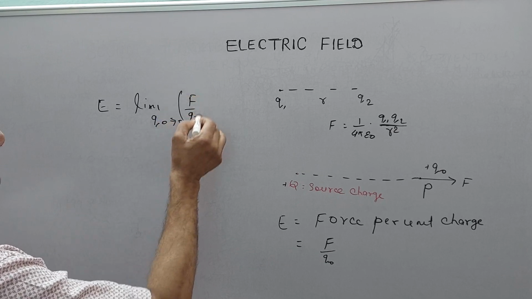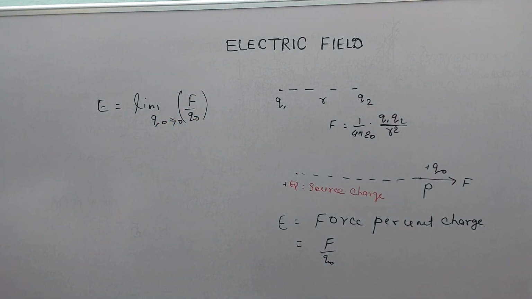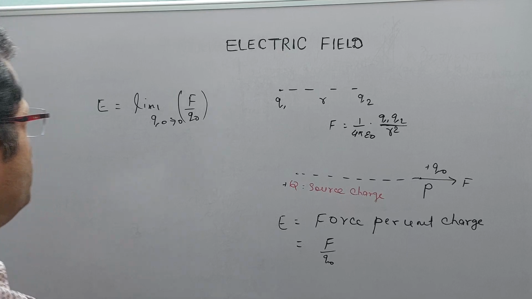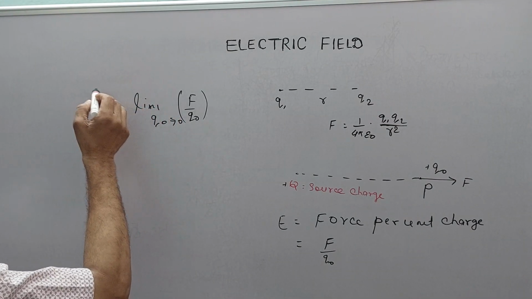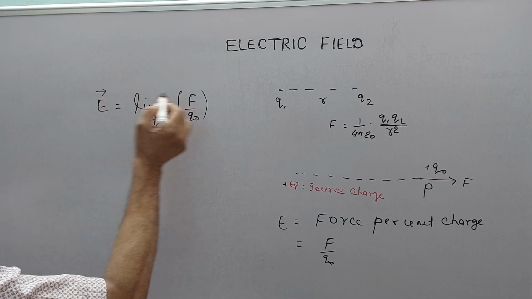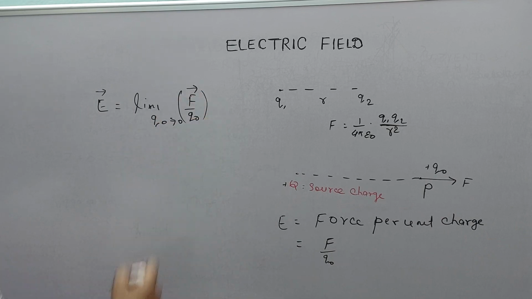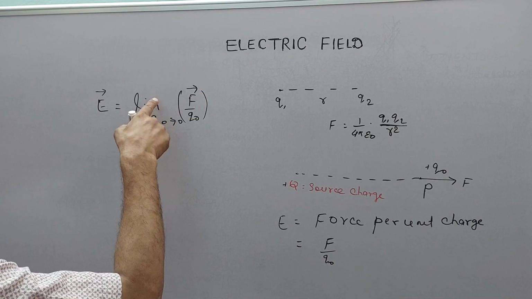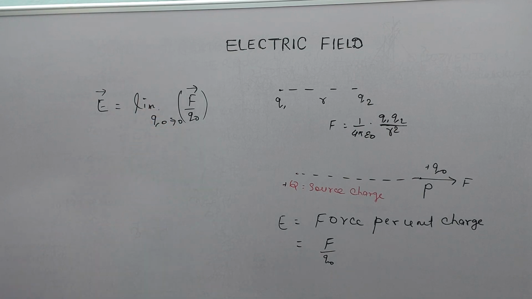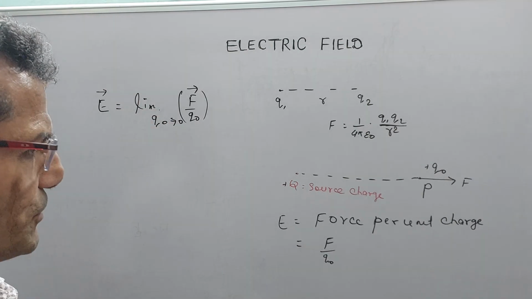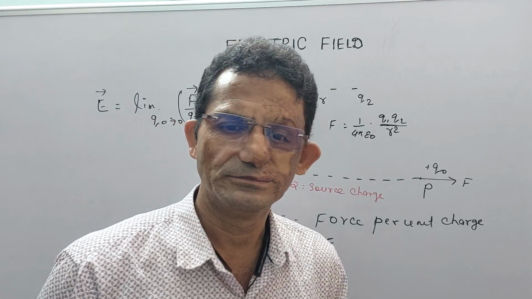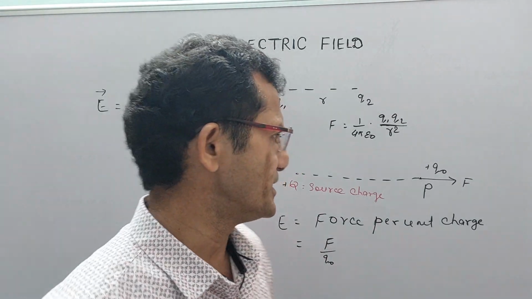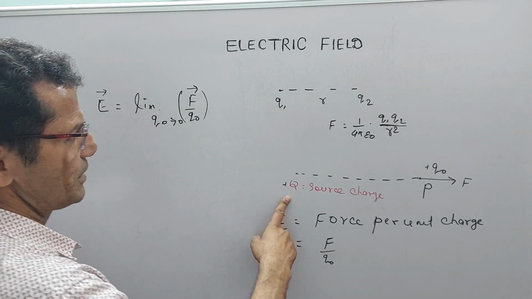This is the proper definition of the electric field, and here both are vector quantities. That's why we place an arrow above the vector. Q naught should be very small, so that it cannot disturb the electric field of the source charge Q.